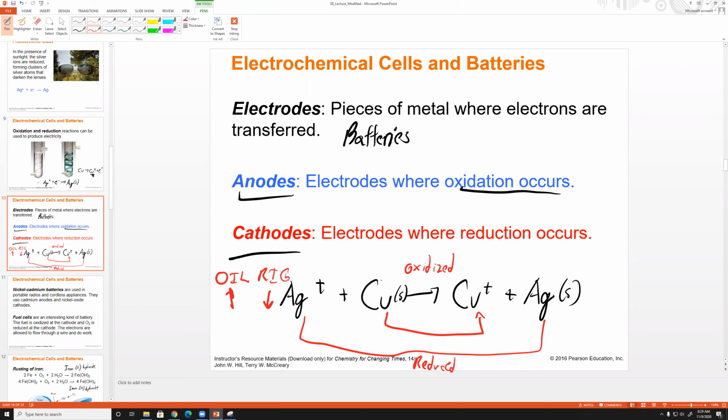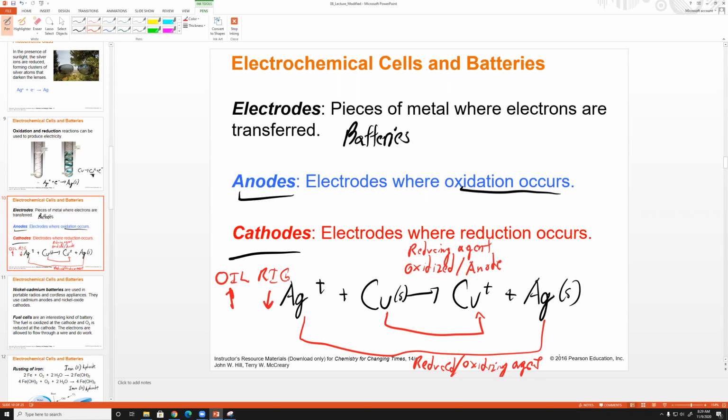The next thing we can do is say that because it's oxidized, it's the reducing agent. Remember they were opposites? Something's being oxidized, it's the reducing agent. Something's being reduced, it's the oxidizing agent. And then because it's oxidized, it's the anode, based on what we learned just now.